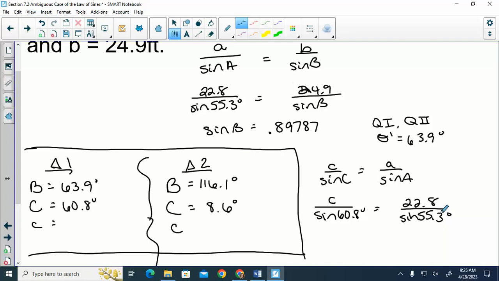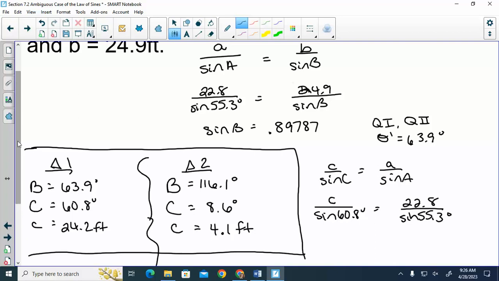And get 24.2 feet. And in the second one, all it changes is that angle C is different, so if you change that to an 8.6 and solve, you get 4.1 feet, I mean, it's like 4.146, so you could say 4.15 also.